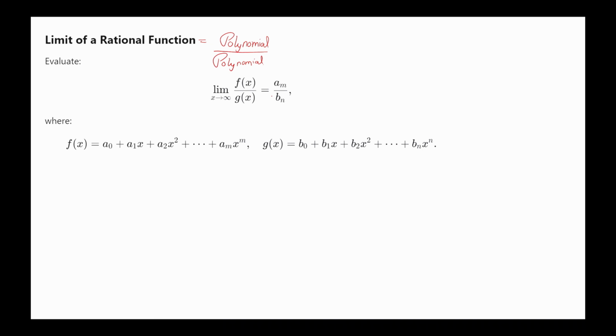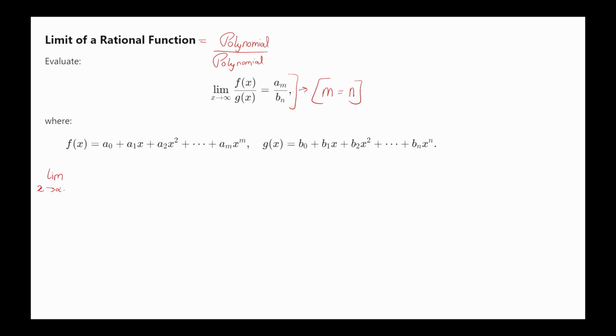Now, when can I say that my solution would be this? When m is equal to n. There is a condition that this entire equation follows, that m is equal to n. So let me show you the proof. Based on the proof, you would be able to understand this better. So what am I having?